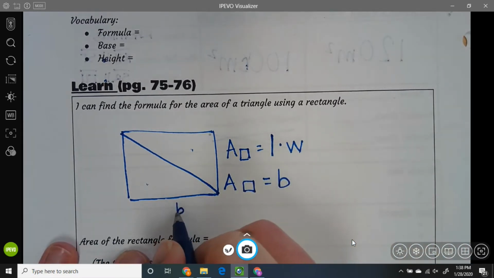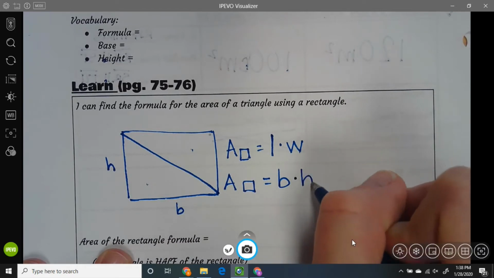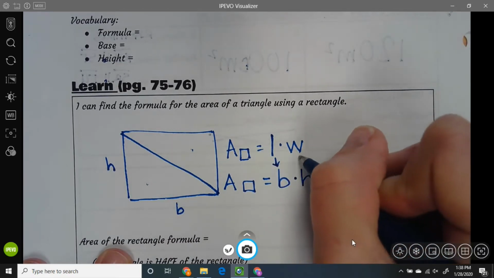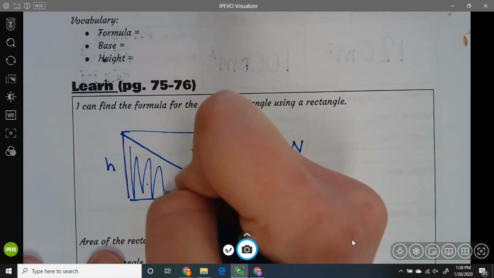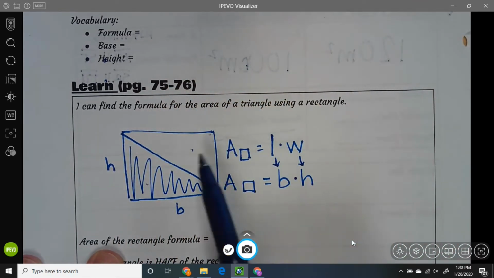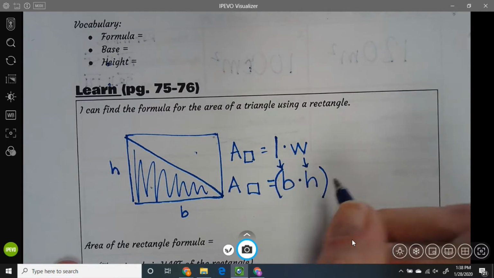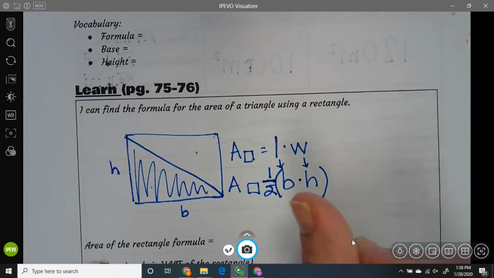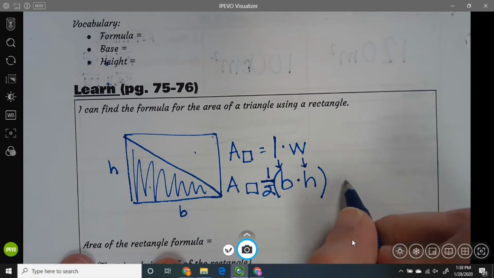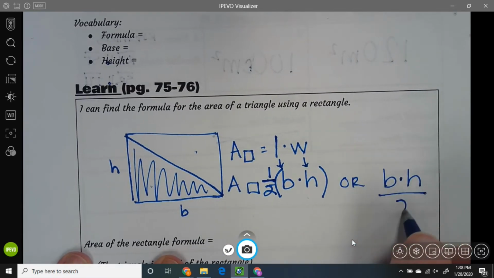This could be the base, and that would be the height. So the base would be the same as the length, and the width would be the same as the height. And if I just wanted to find the triangle, you can see that it's half of that. So I could take base times height, times 1/2, or you could say I'd divide it by 2. So I'd do base times height divided by 2.